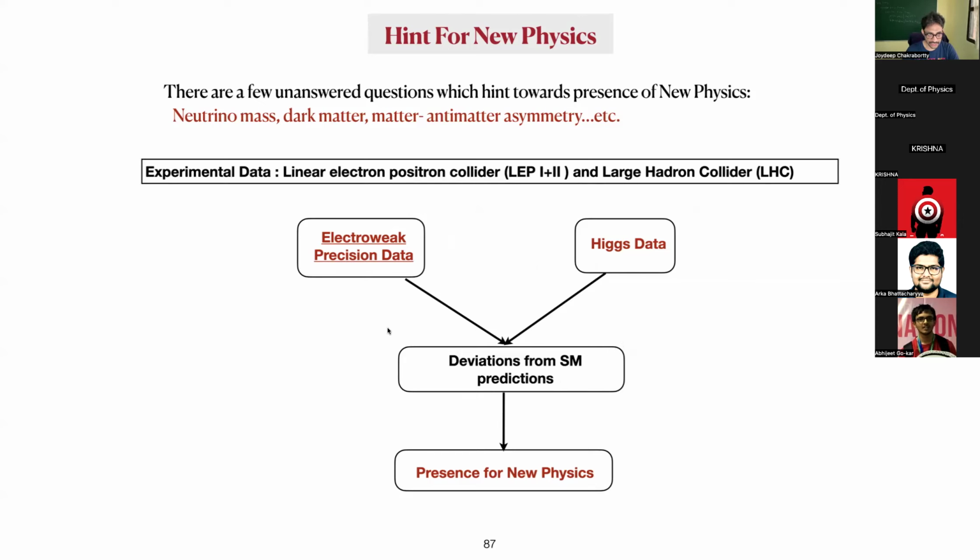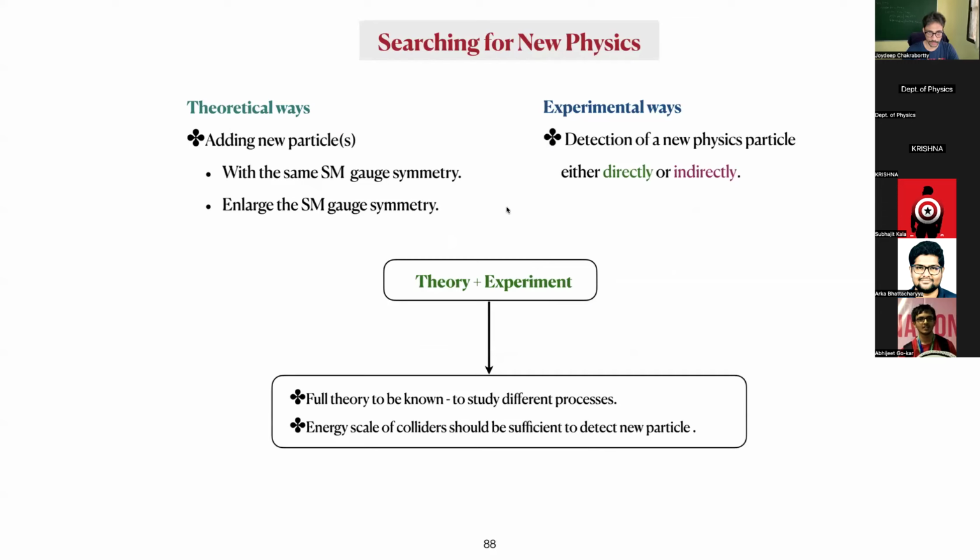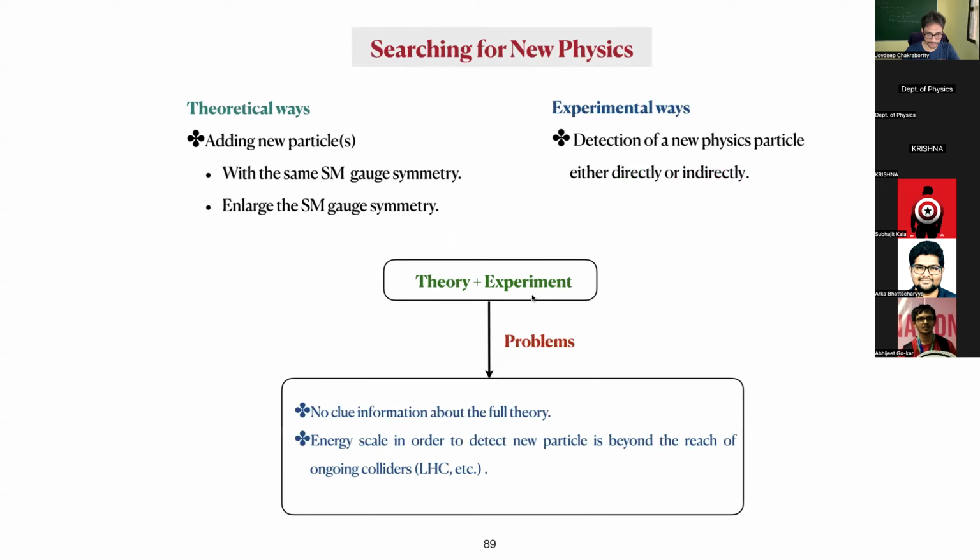The experimental data that we will consider in our analysis are LEP 1 and LEP 2 data, and data from the LHC. So that's what I was saying: we have a theory plus experiment blending, and then we'll try to find out the presence of new physics within the data.